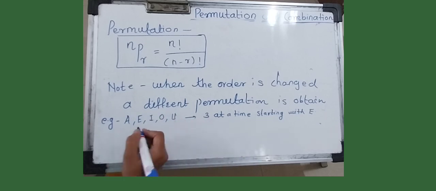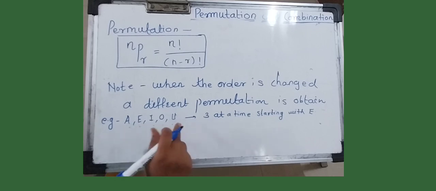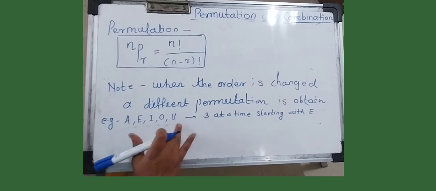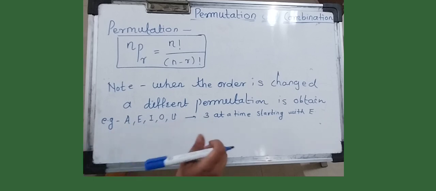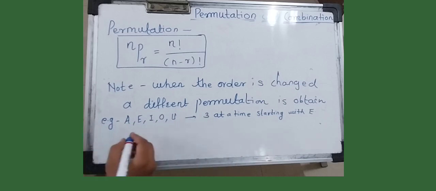So given 1, 2, 3, 4, 5, there are 5 objects, and r is 3. Clear?